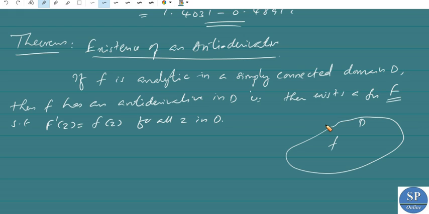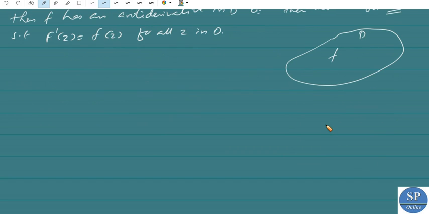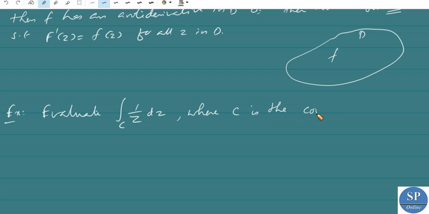Okay, so we can do a problem here. Evaluate the integral over C of 1 by z dz, where C is the contour shown in the figure.